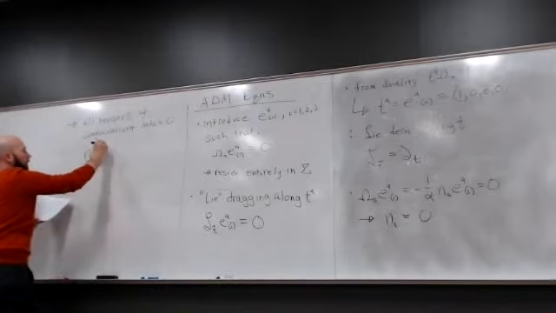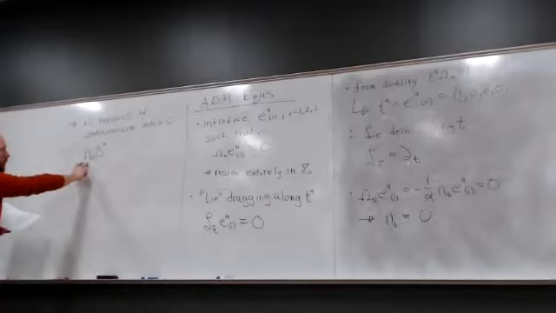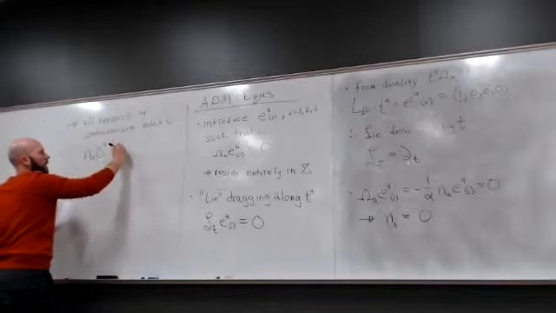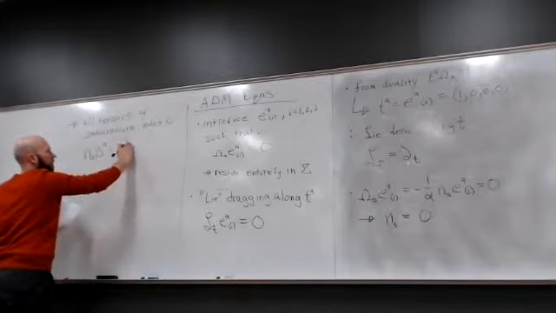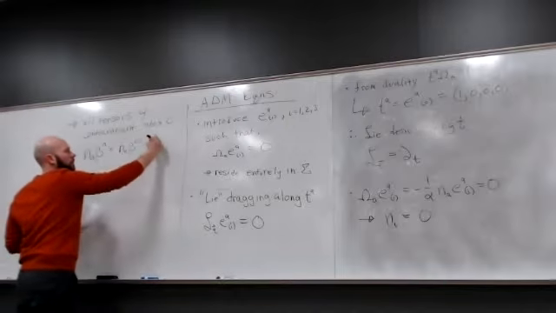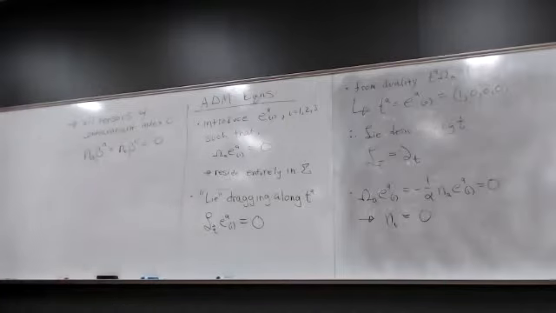I don't have to make it a 0 because this is purely temporal. So the normal vector dotted into the shift vector can only have temporal components. But the shift vector is purely spatial. And so that's got to be 0. Okay.